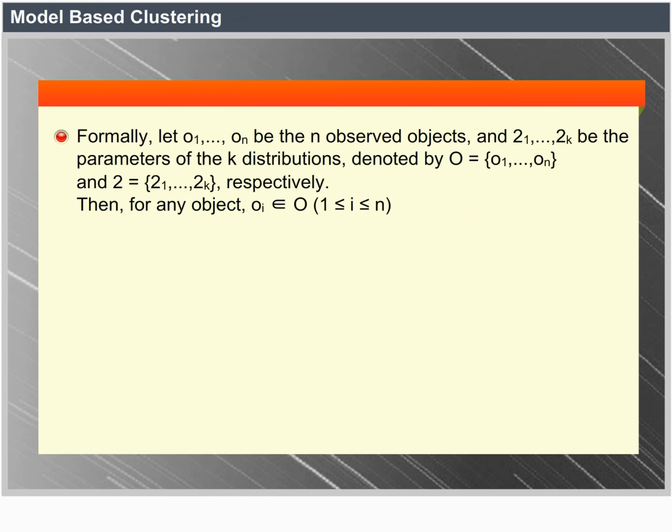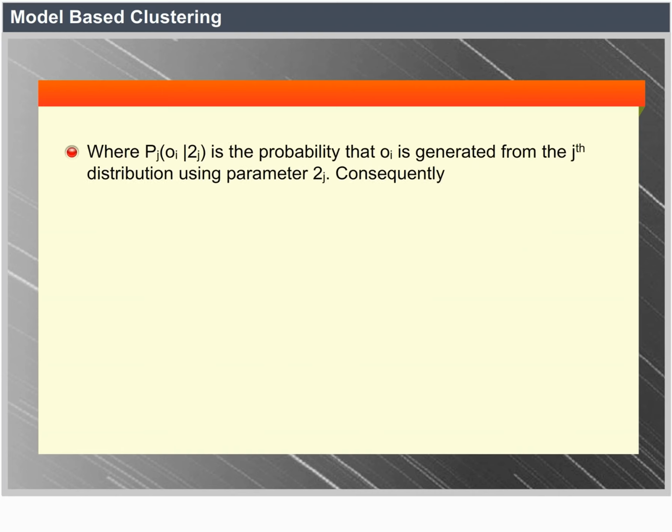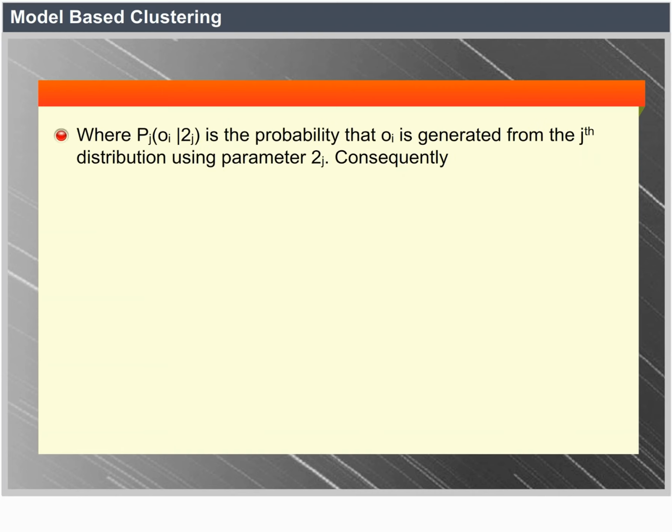Then for any object Oi belonging to big O with i lying between 1 and n, the conditional probability of Oi given theta equals the summation of j equals 1 to k of omega j times the conditional probability of Oi given theta j, where Pj(Oi given theta j) is the probability that Oi is generated from the jth distribution using parameter theta j. Consequently, the conditional probability of big O given theta equals the product of i equals 1 to n of the summation j equals 1 to k of omega j times the conditional probability of Oi given theta j.